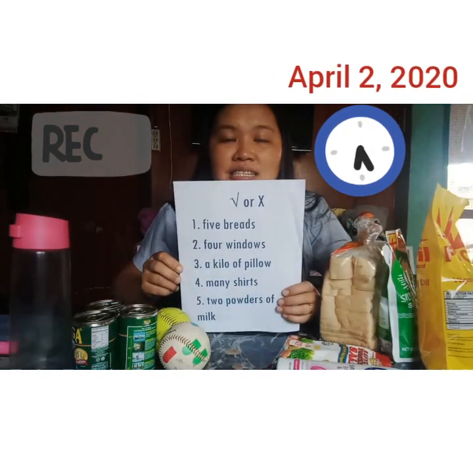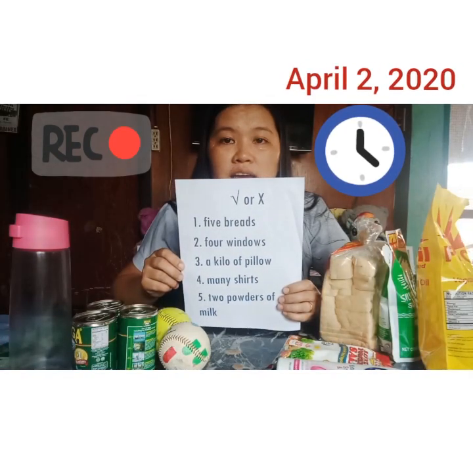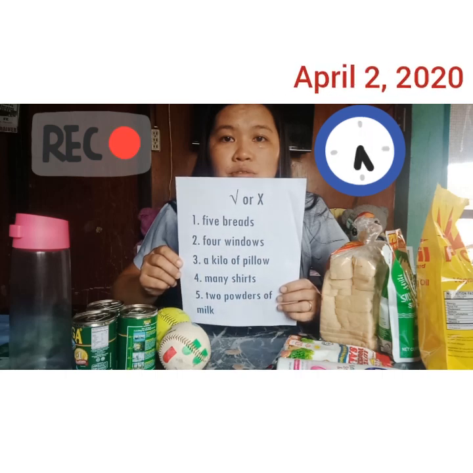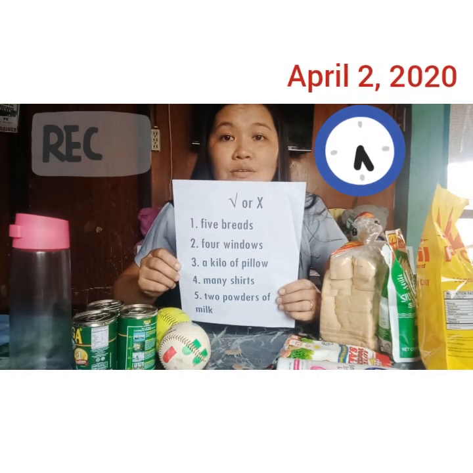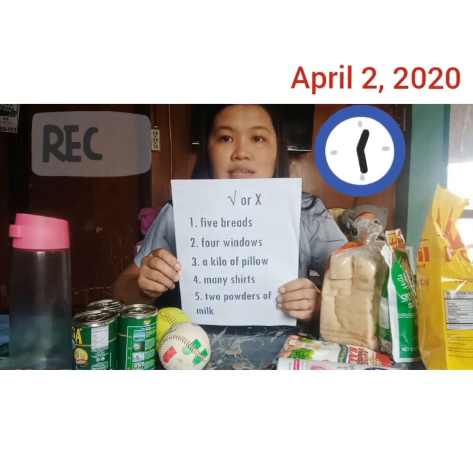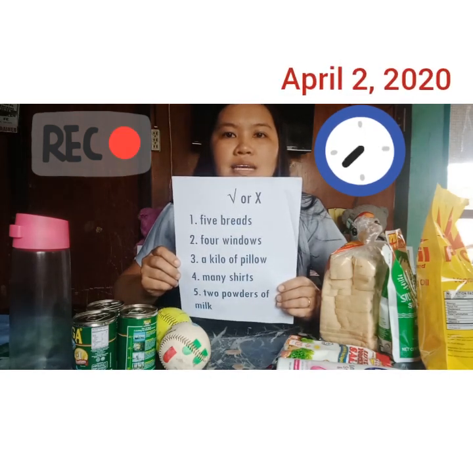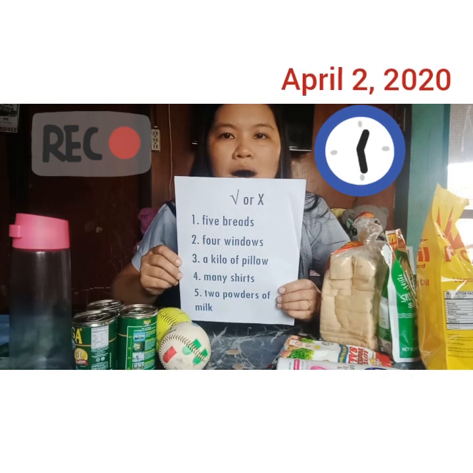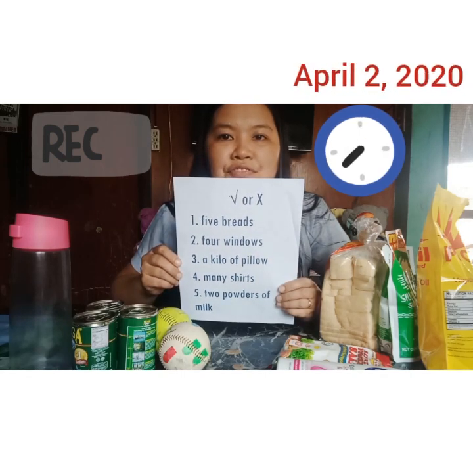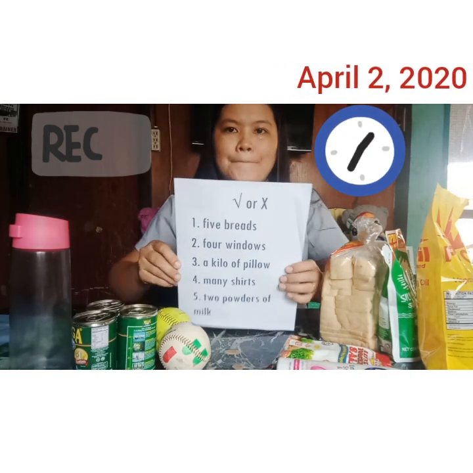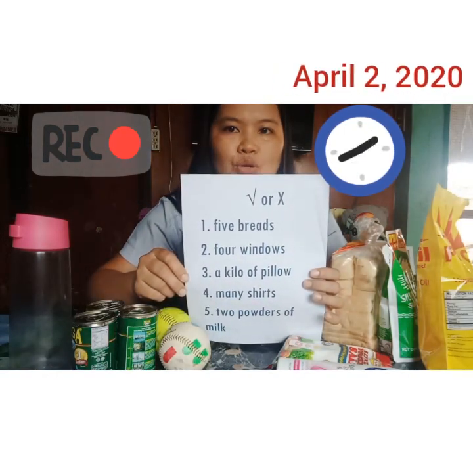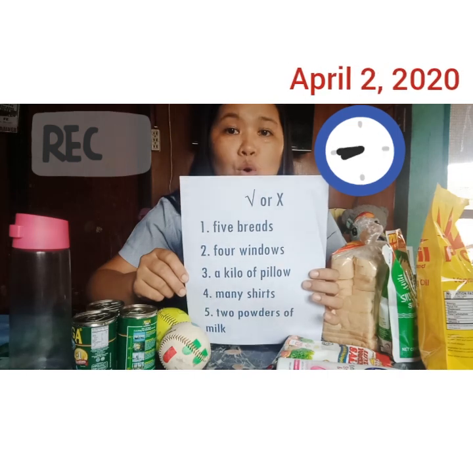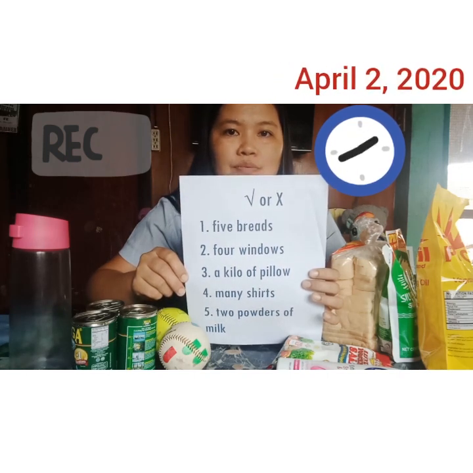Check or X. Check if the quantifier is correct, X if it is incorrect. Are you ready? 1, 5 breads. 2, 4 windows.